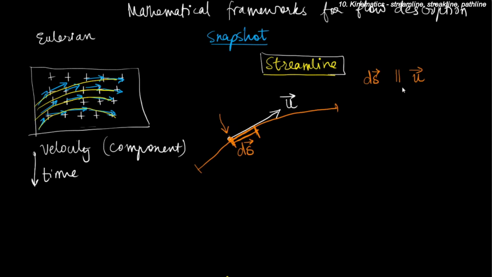And so if this is true, I can write u cross ds equal to 0 because they are locally parallel.